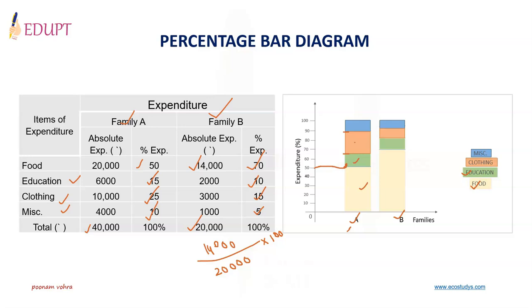So blue component shows miscellaneous expenditure, and similarly one can plot for family B and one finds that width of both the bars is exactly same, length of both the bars is also same, simply because it shows the percentages, but components inside are different depending upon the amount spent on different components by different families.